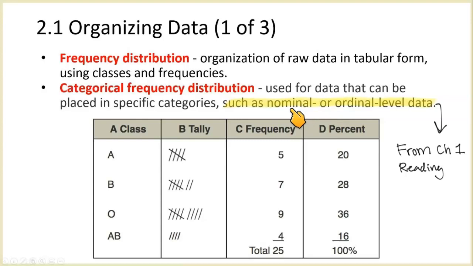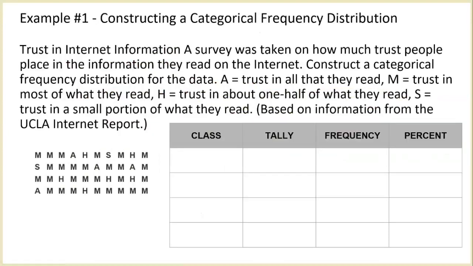So both nominal and ordinal data are just some type of a category, but nominal data is not ranked and ordinal data is ranked. That's the main difference, but that's just information from your chapter 1 reading. And we're going to look at how we construct a categorical frequency distribution in a little bit.